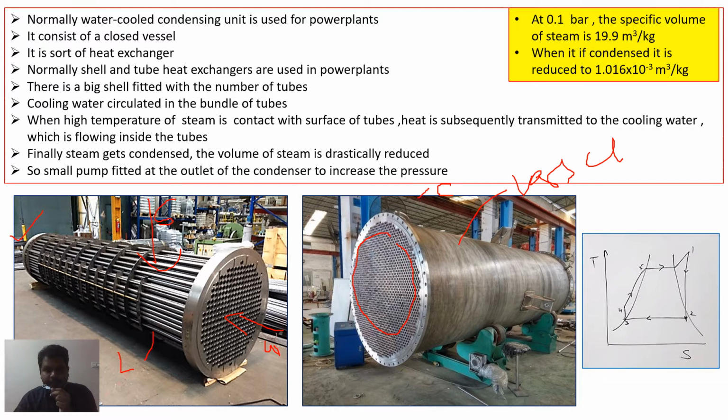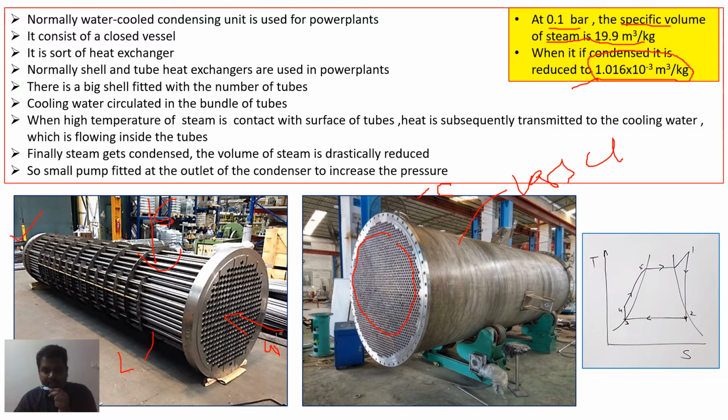For example, at 0.1 bar, the specific volume of steam is 19.9 meter cube per kg. If we condense the same steam, the specific volume will be reduced to 1.016 into 10 power minus 3 meter cube per kg. Here you can see there is a huge decrease in the specific volume in the condenser.